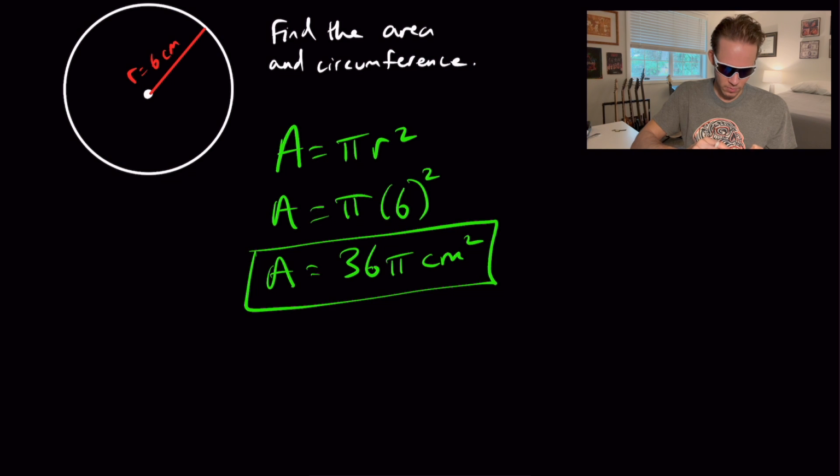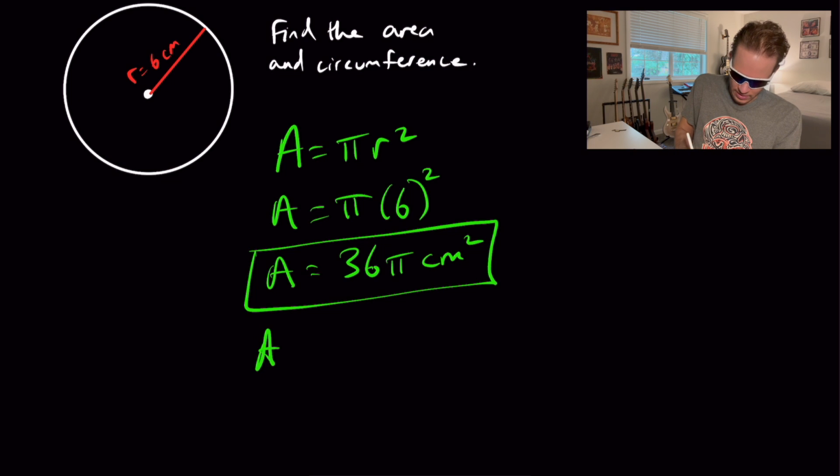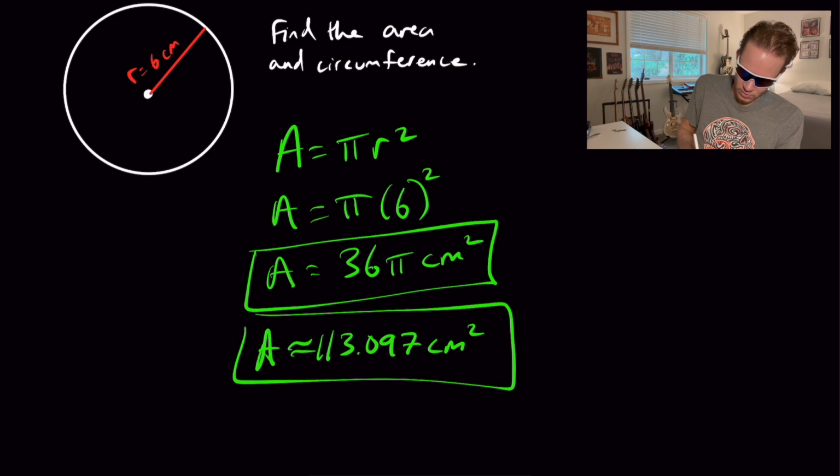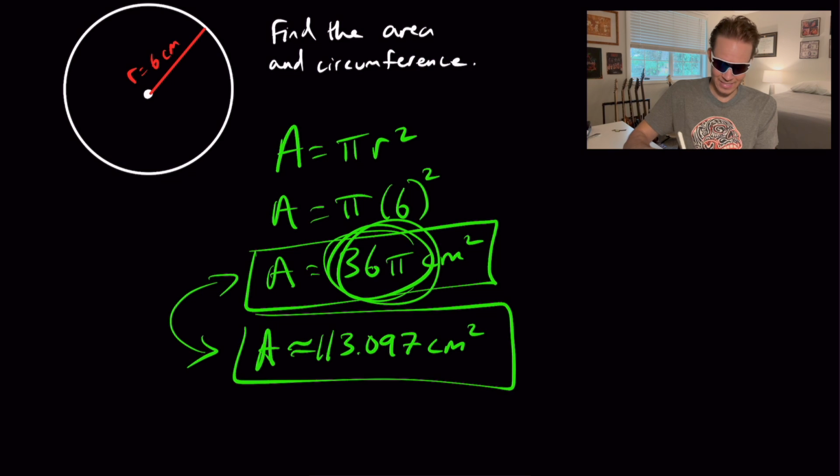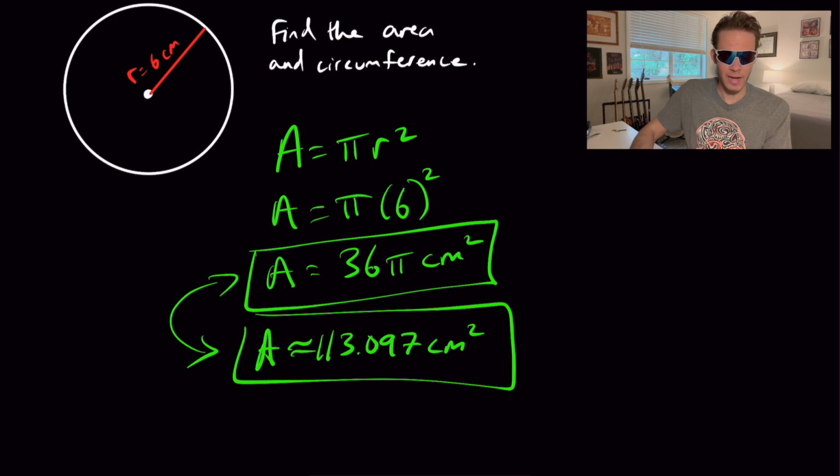But if you wanted to multiply it out by pi, you could say that the area is about equal to 113.097 centimeters squared. So either of these two answers are correct.